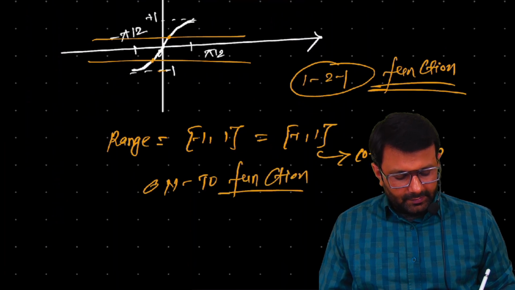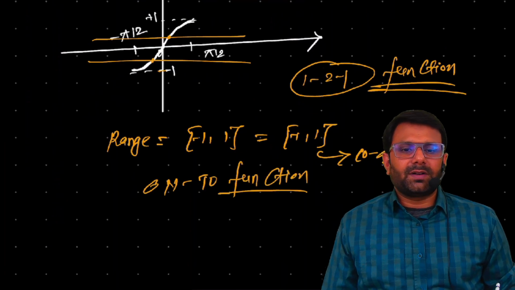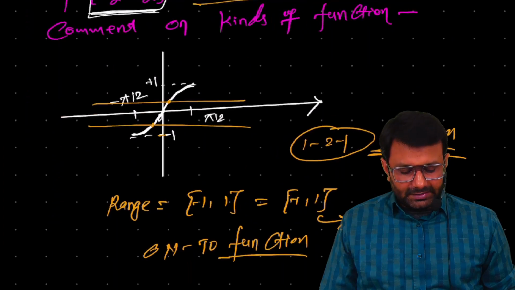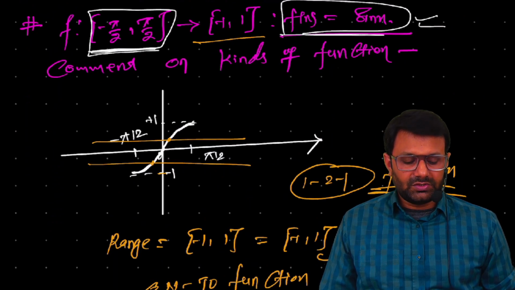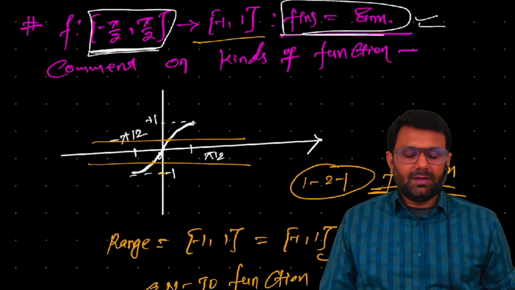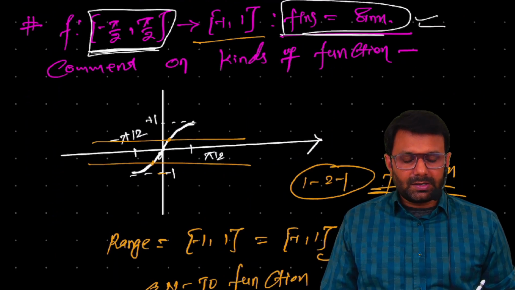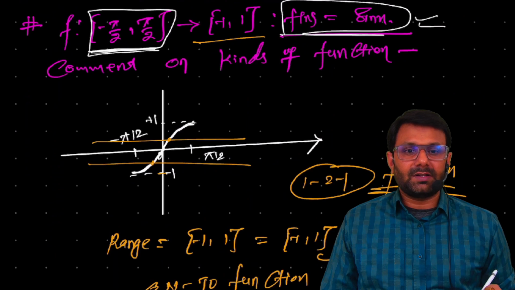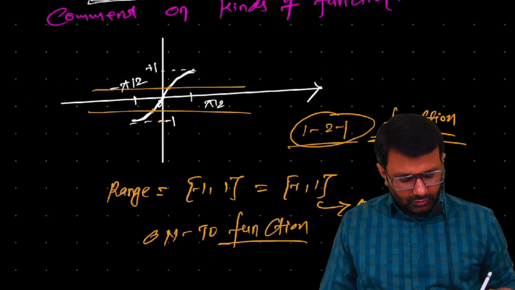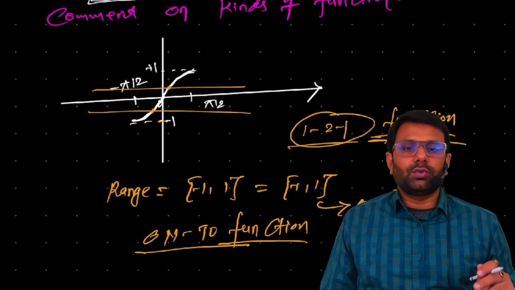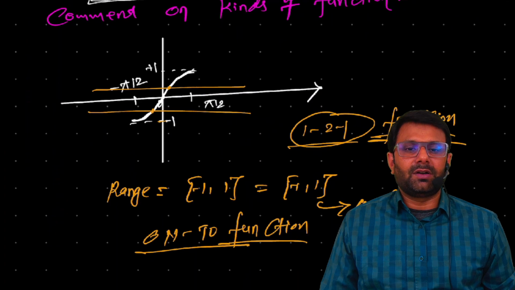So now tell me, in the inverse trigonometric function chapter, we have already discussed this, na? The function is defined from -π/2 to π/2, -1 to 1. So this is an invertible function. So y is equal to sin x from -π/2 to +π/2 is 1 1 and onto. And a function which is 1 1 and onto is an invertible function.